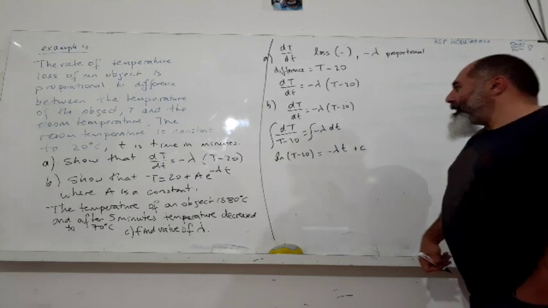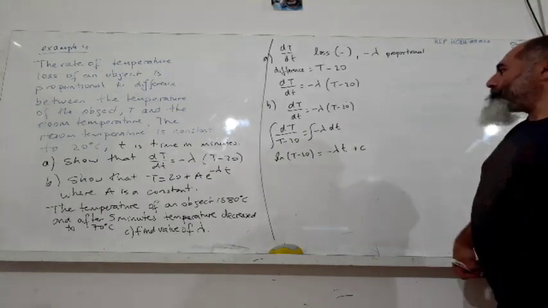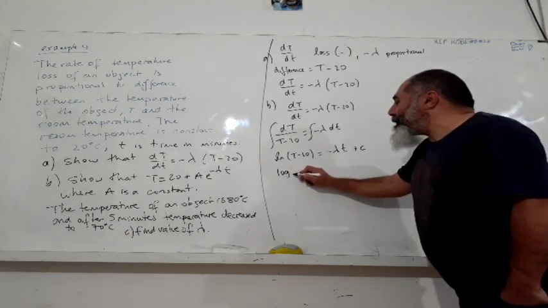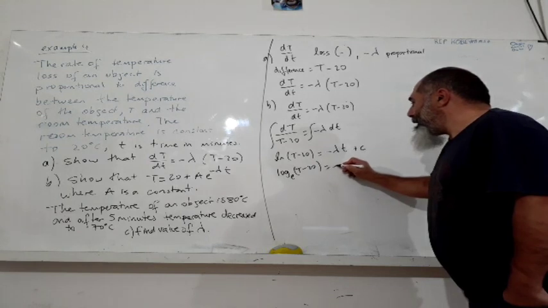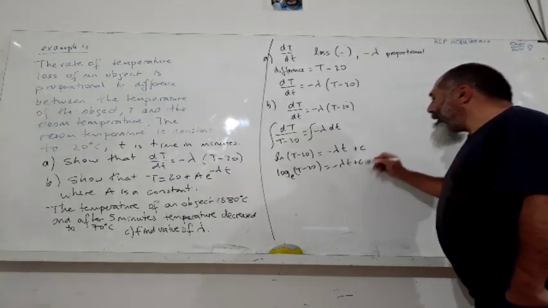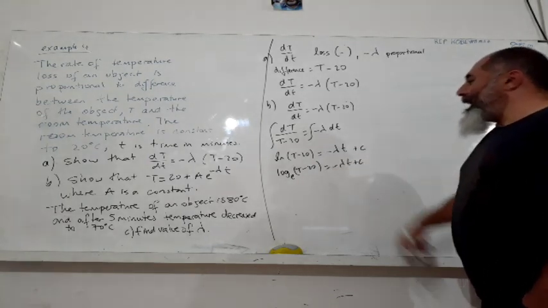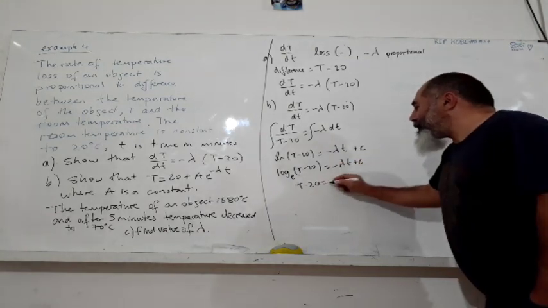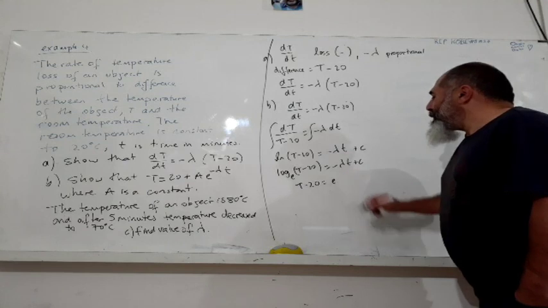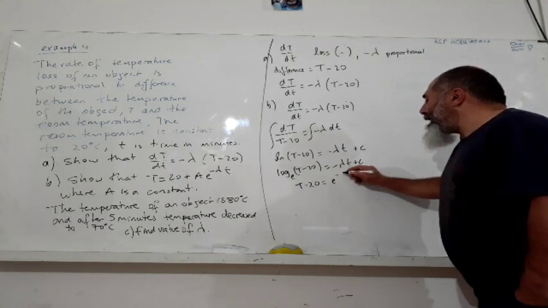So ln means logarithm to base e. Take e as the base of that expression here. So T minus 20 becomes e to the power of minus lambda t plus c.